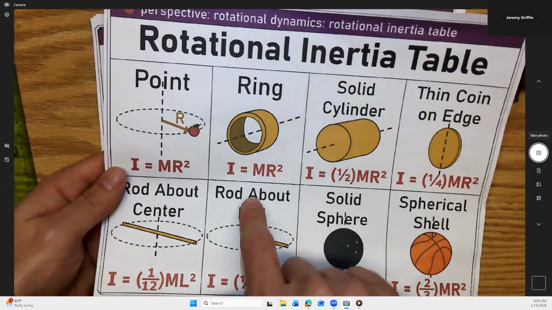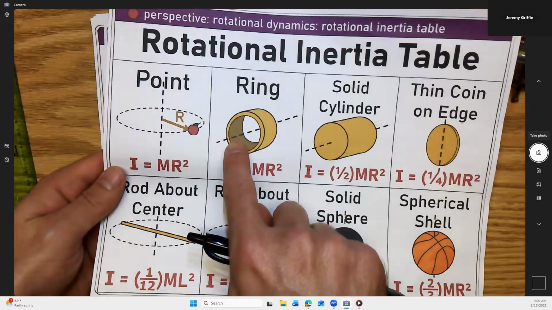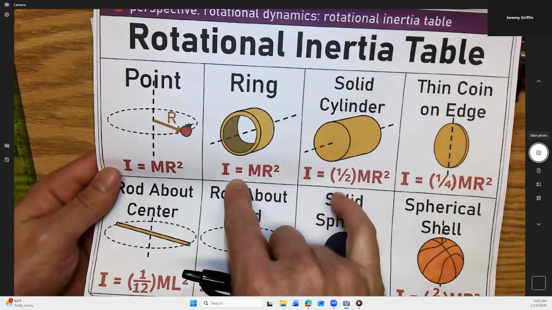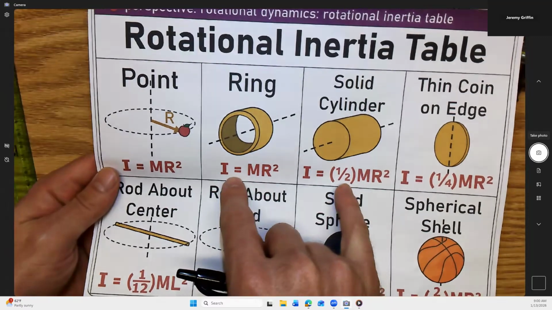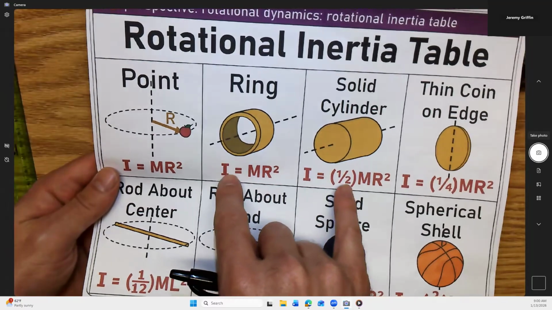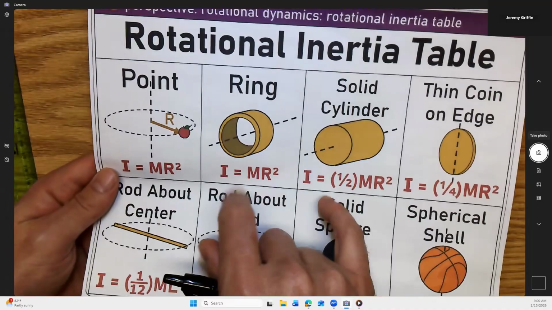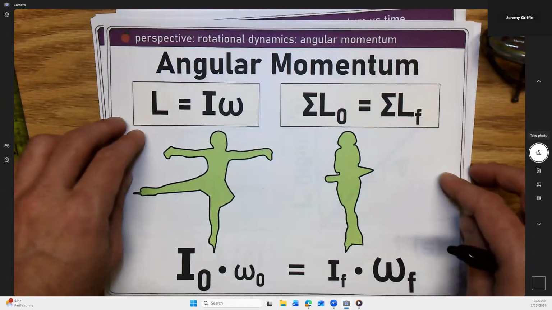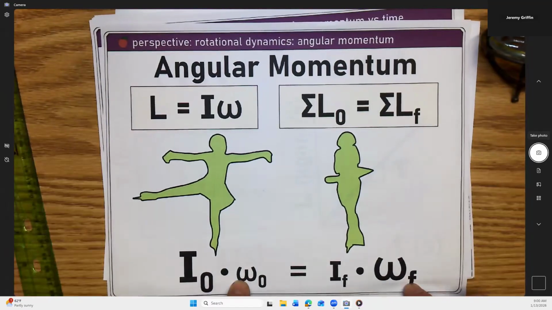So what if you go from where your mass is spread out to where your mass is closer in? You can see it if you compare these two. It's kind of going from this picture to this picture. What happens to the rotational inertia from left to right? Yeah, it decreases. Actually, this is half of this, isn't it? Something like that. But if the angular momentum is conserved, then your velocity has to increase.